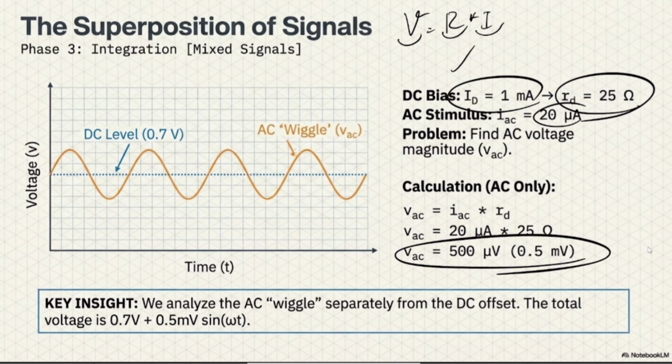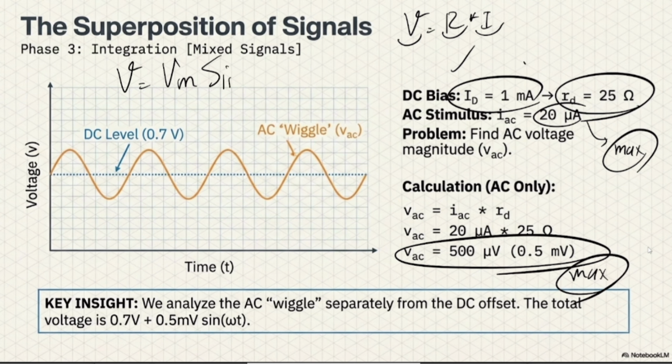Imagine that this 20 microamp was the maximum current. Right now, we just found the maximum voltage related to our circuit itself. And as you know, V equals Vm sine of omega t plus phi, 0, 30, whatever.